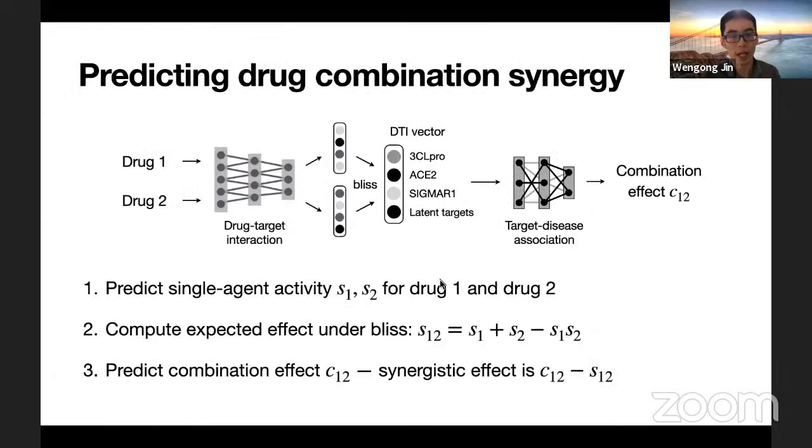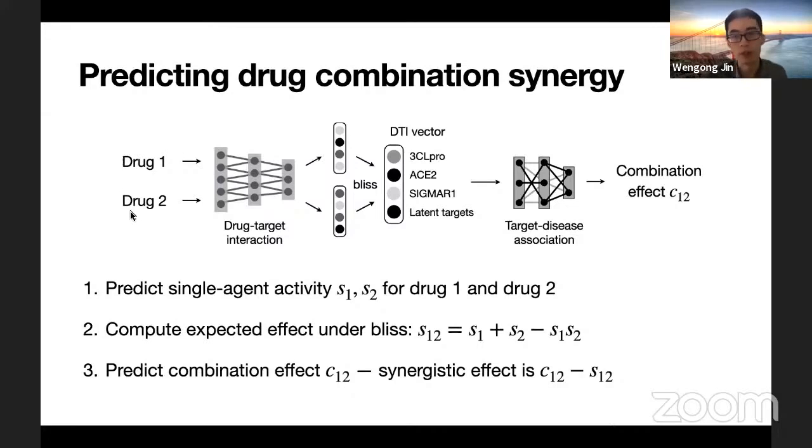Now, lastly, we have this drug combination loss, which is the center of the model. This is the main goal of our approach, to predict the synergistic effect of a given drug combination. So here, the input to the model, instead of a single drug, is two drugs, and in principle, it can be extended to multiple drugs as well.